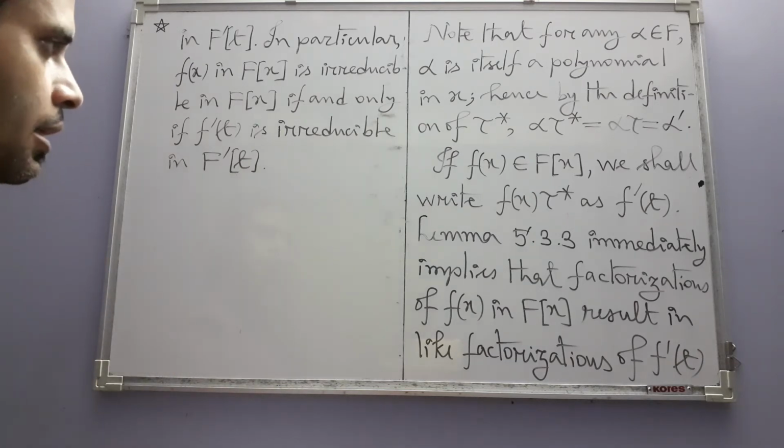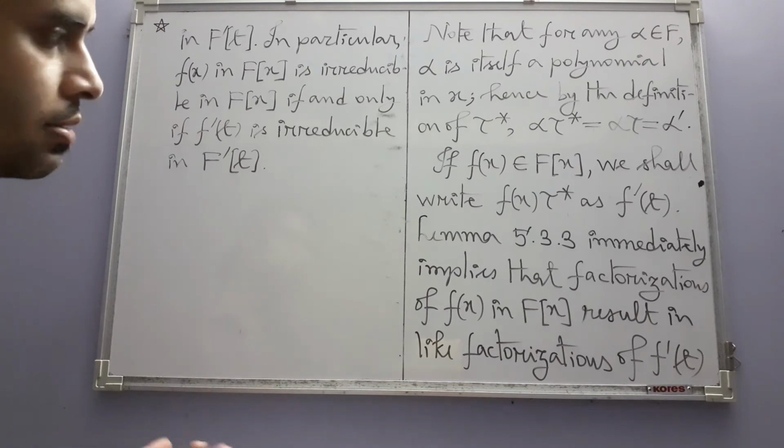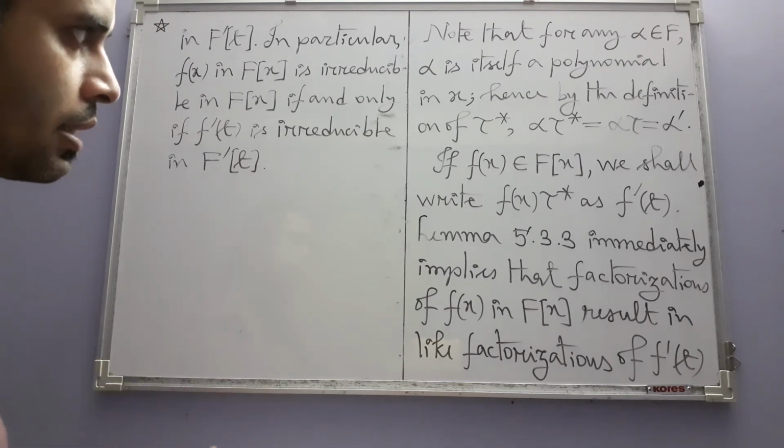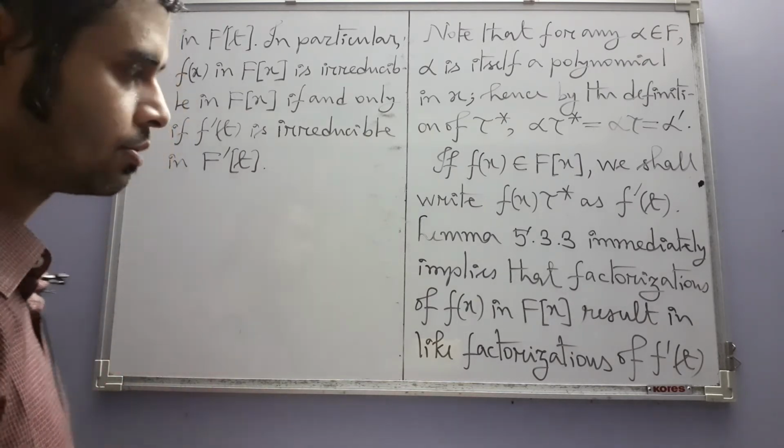All these statements are actually trivial because the polynomial rings and the fields involved are isomorphic to each other.